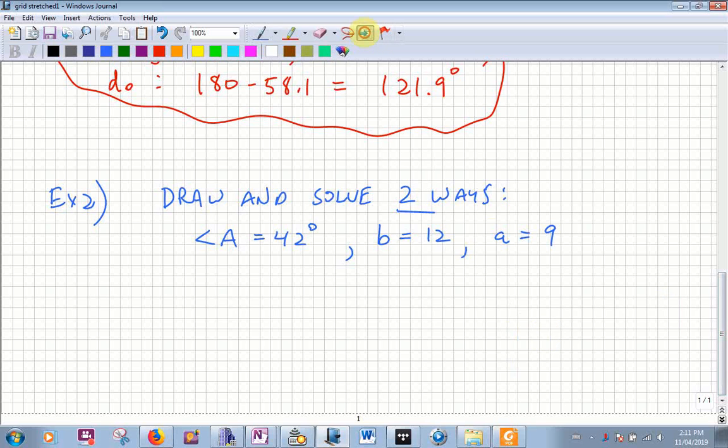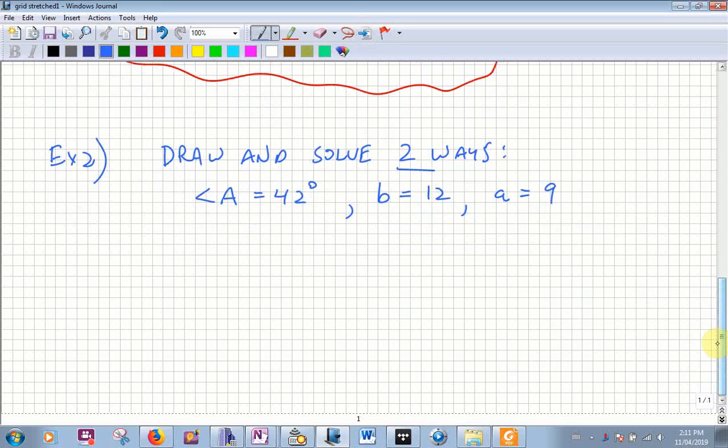So again, there's tons of ways you can draw this triangle, but I always like to start with the angle down here. So for sure, angle A has to be 42 degrees. Of course, that's 90. Half of that is 45. So that's a little smaller than that. So does that look like about 42?